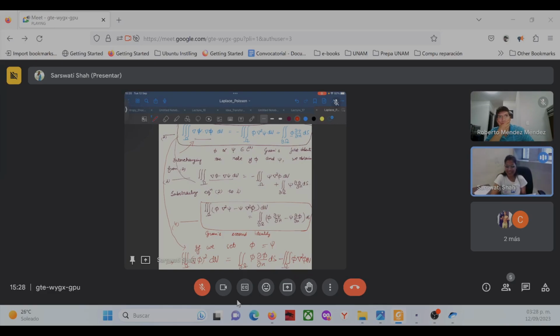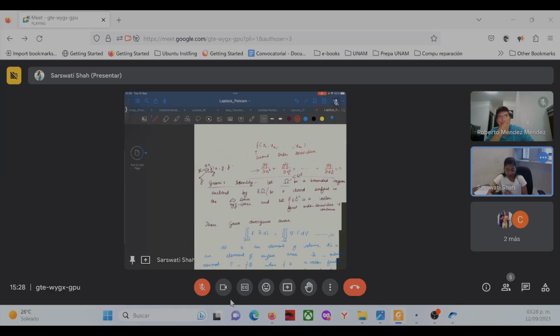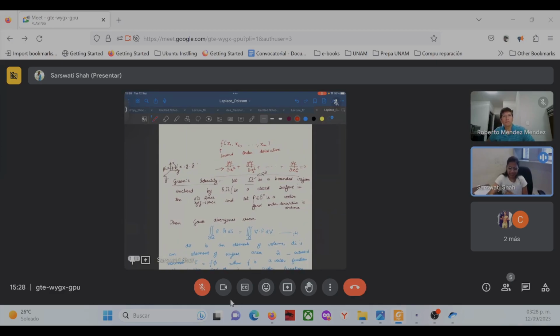You just need to be aware if phi and psi are... So if we recall that f is a harmonic function of n independent variables, then its Laplacian, the sum of the second order derivatives of the function f with respect to its coordinates, is going to be equal to 0.